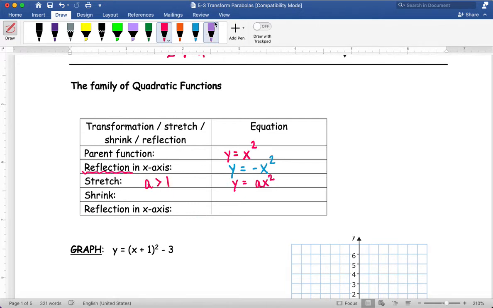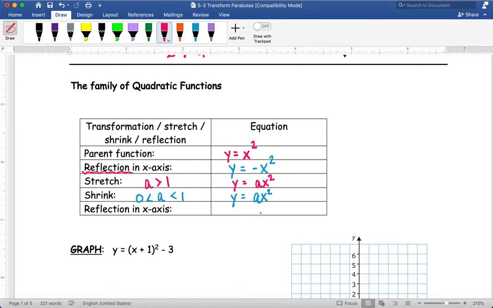Shrinking, well, you had a fraction in the front, but it's still my a, and if it's a fraction, then a has a value somewhere between 0 and 1. Greater than 0 but less than 1 would be my fractions, giving me my shrink.